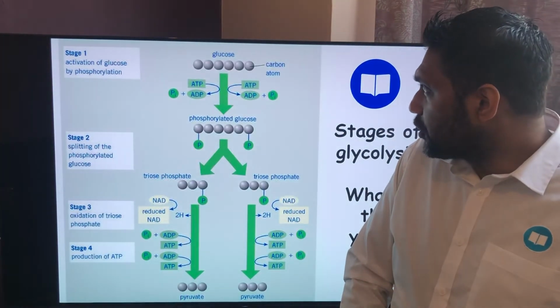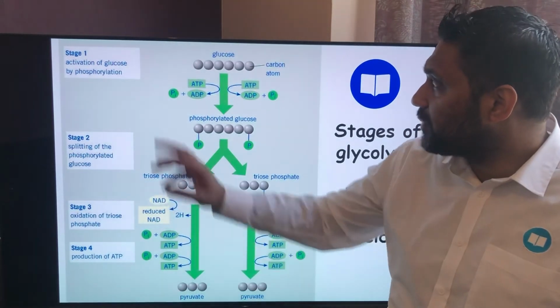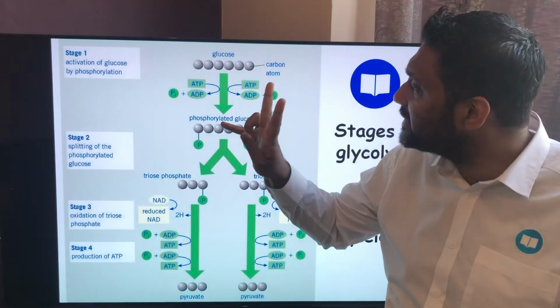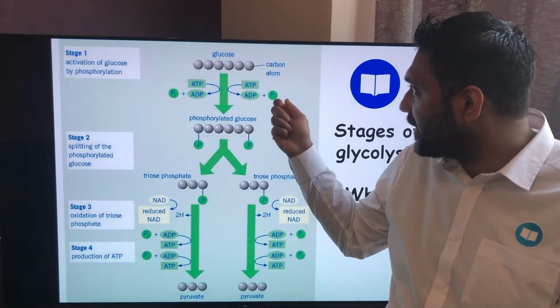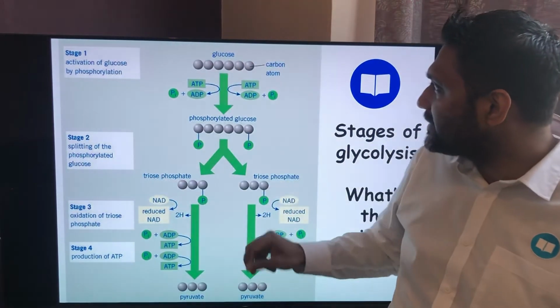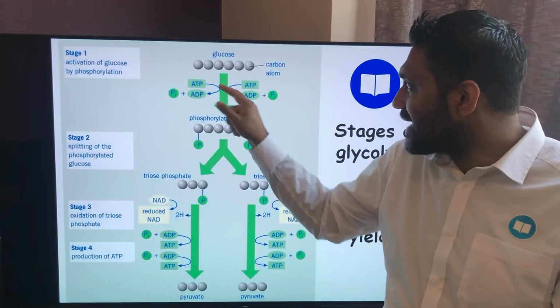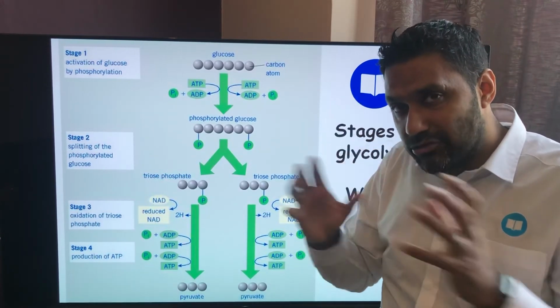Now, the glucose molecule then becomes activated. So it says activation of glucose by phosphorylation. How? Well, ATP, I need to use 2 ATPs to release the inorganic phosphate, to join onto those 2 ends of the glucose molecule. So here's my glucose. What's happening is ATP is going to hydrolyze.